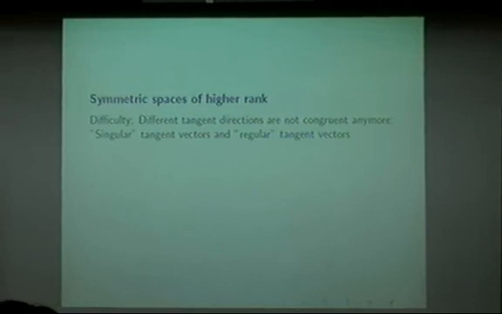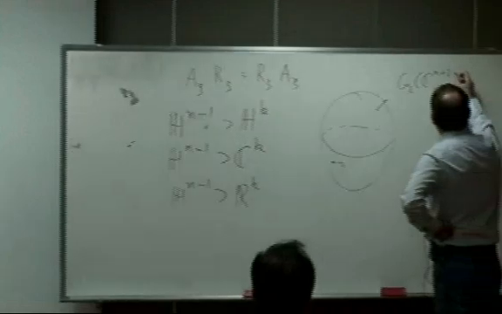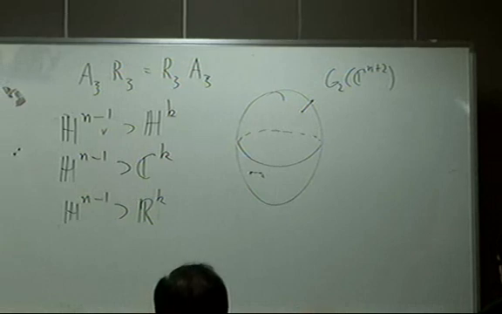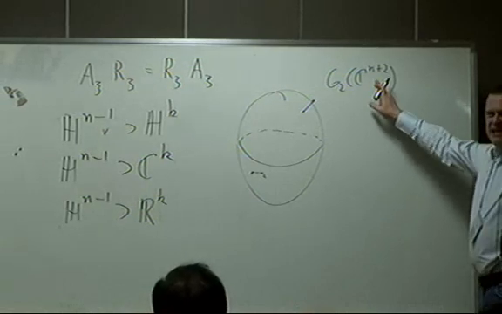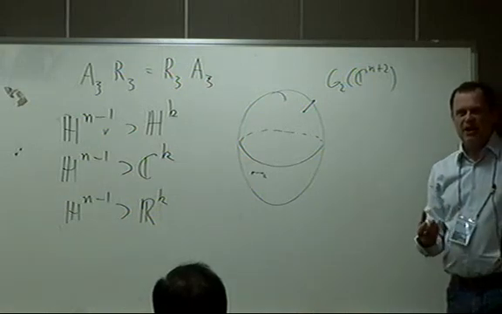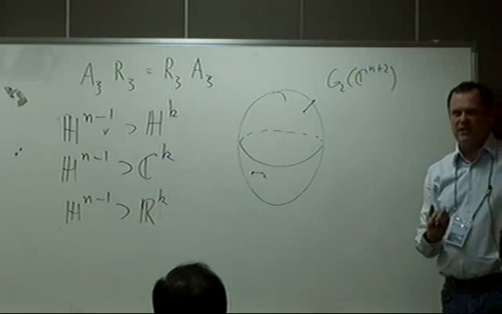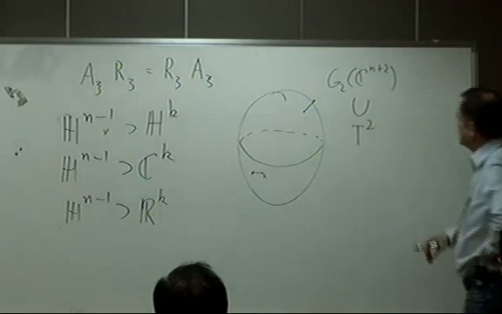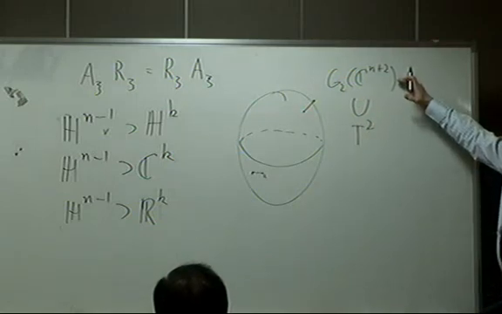I mentioned that the rank of a symmetric space is defined through, well, let me talk about the complex two-plane Grassmannian, which is a popular object for study here in Daegu. So this is a symmetric space of rank 2. So the maximal possible dimension of a flat totally geodesic submanifold in this Grassmannian is 2. And it is a two-dimensional torus which can be embedded totally geodesically in here.